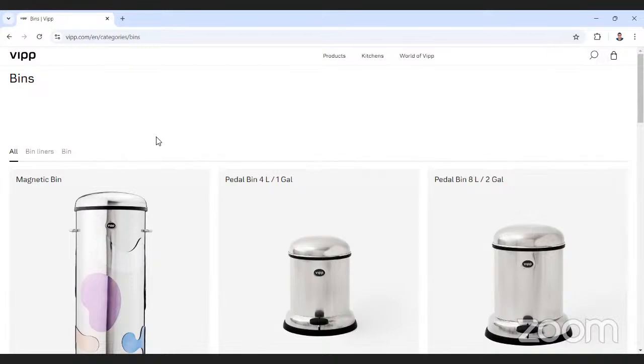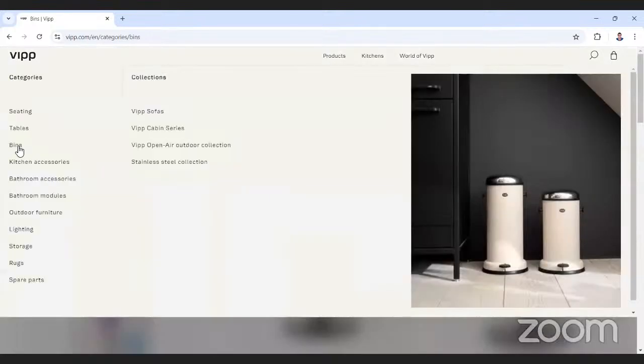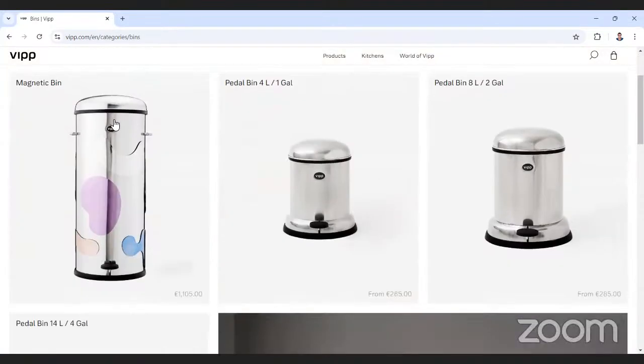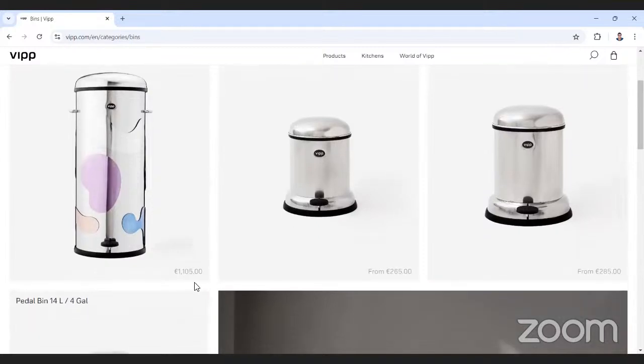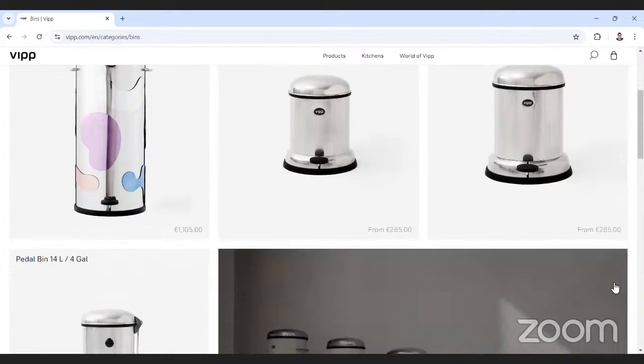Okay, they have a number of products, but they started selling what? Bins. Check them out. Check the price. They did 285 pounds sterling or euros, something like that.